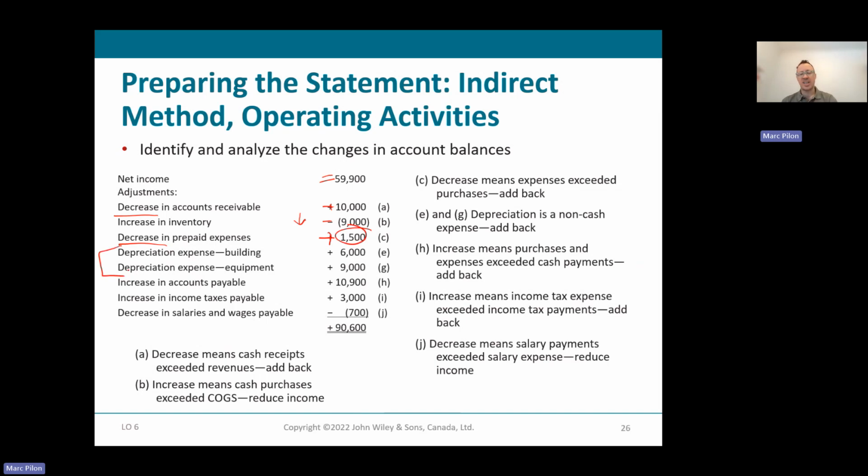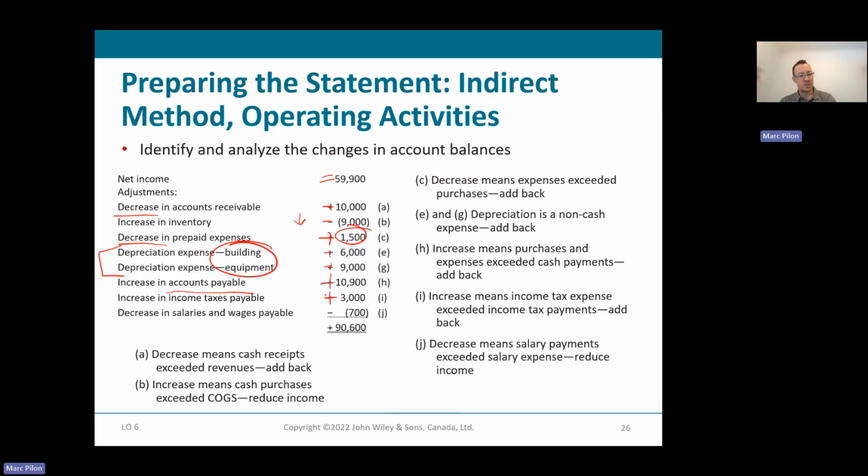Depreciation, always non-cash. Obviously, the cash impact is the initial investment in buildings and equipment in the year they were purchased, and that's part of investing activities. So these increase my cash. Increase in accounts payable, that helps my cash balance as well.